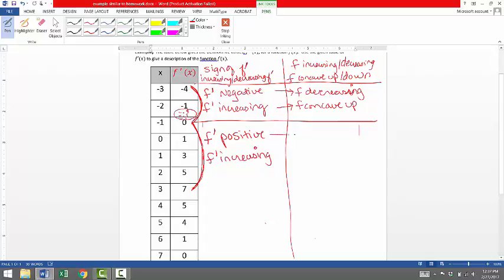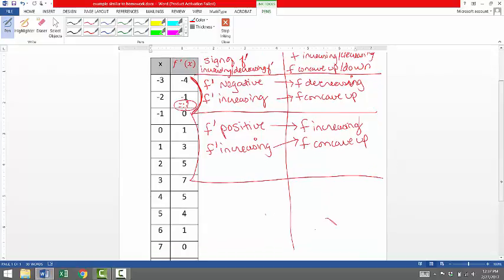Since f prime is positive, the slopes of f are positive. That means f is increasing. Since f prime is increasing, that means f is concave up. So on this interval, where the f primes go from 0 to 7, the f of x function is increasing concave up.